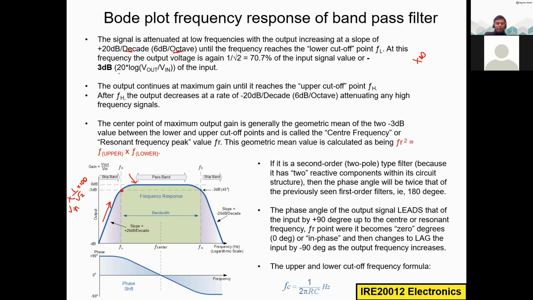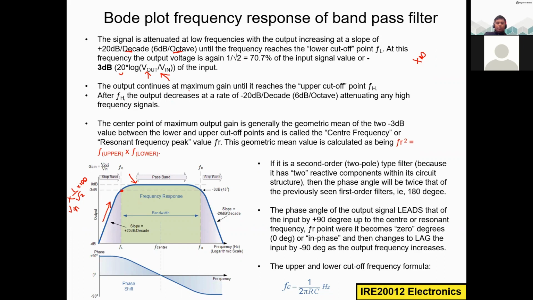It is 20 times log of V out divided by V in. The V out value you can measure from the amplitude, and the V in you also know, how much voltage you are applying at the input. So then you can calculate this. It will become actually minus 3 dB.